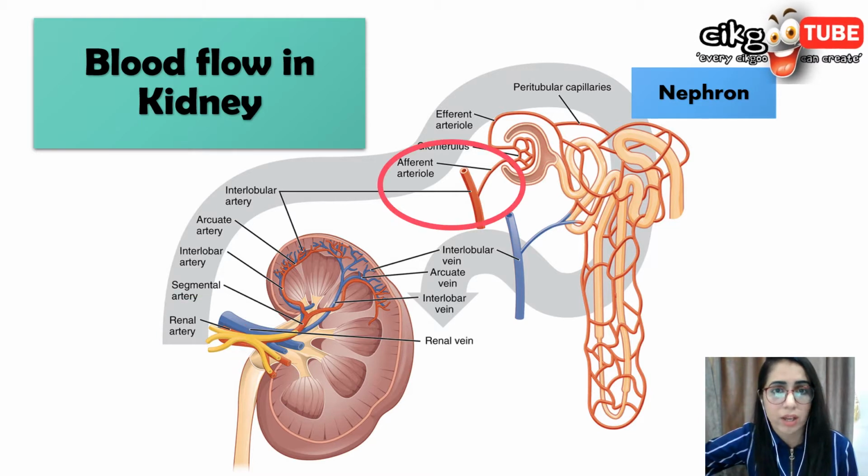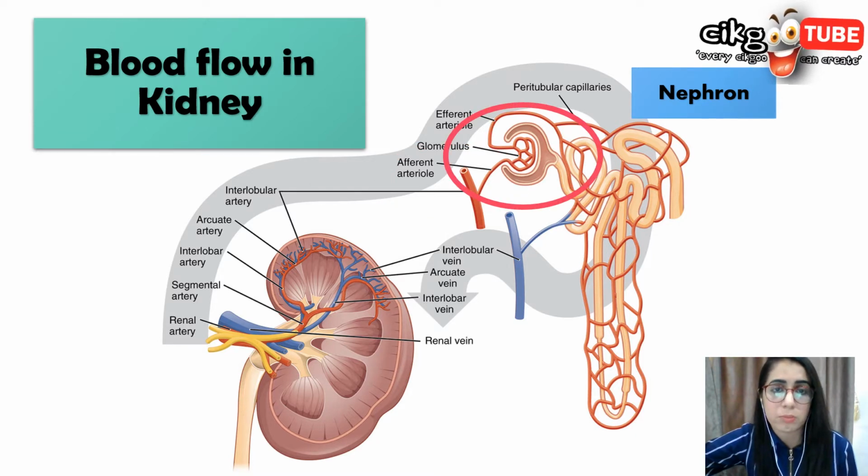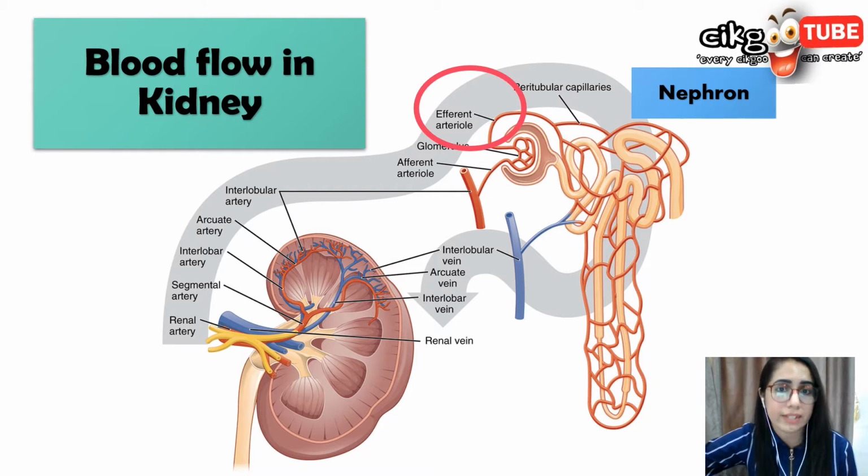Every afferent arteriole divides to form a network of capillaries called the glomerulus inside the Bowman's capsule. Blood then flows into the efferent arteriole, capillaries surrounding the tubule, and the renal vein.